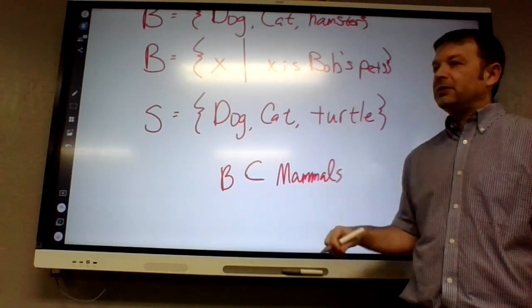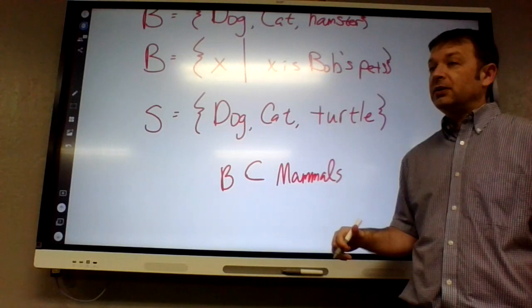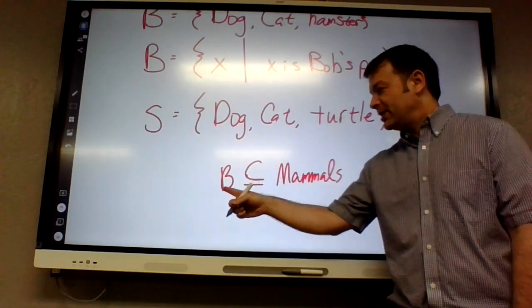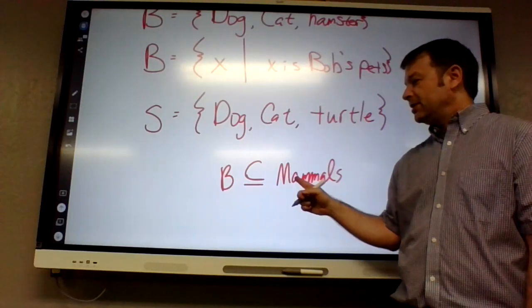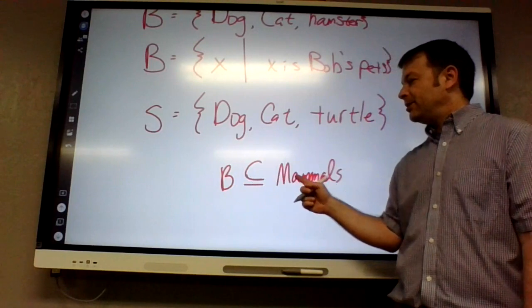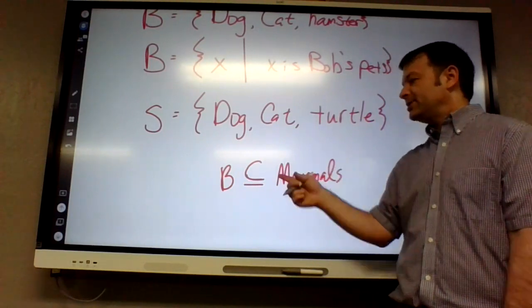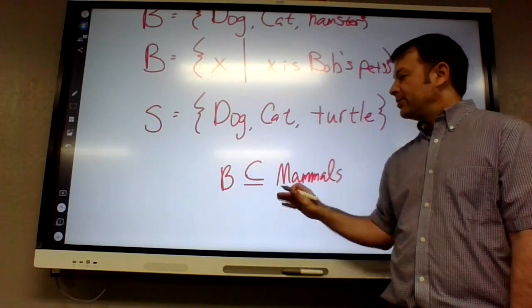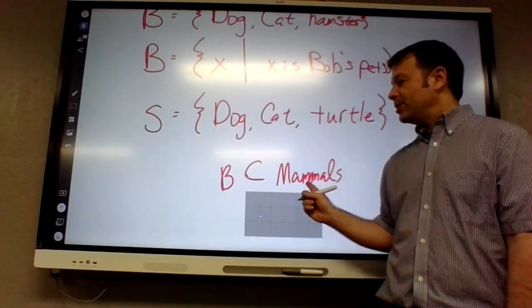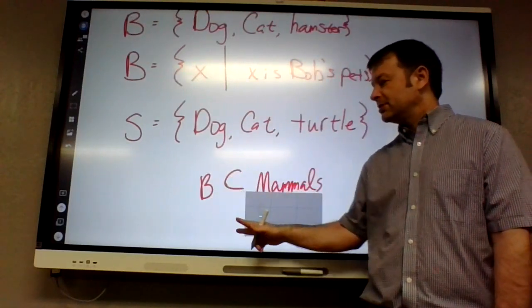So normally if I just say subset, it could be that everything in here is in here, but also they could be the exact same thing, with no extra things over here. So this is a subset, and it's also a proper subset because there's more in this one than just these.